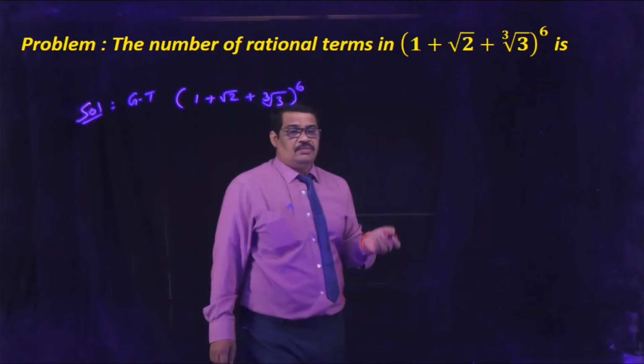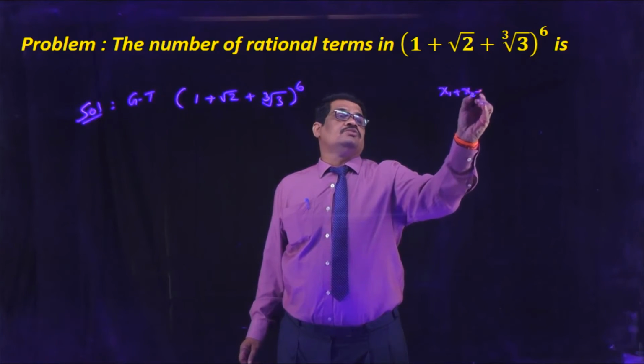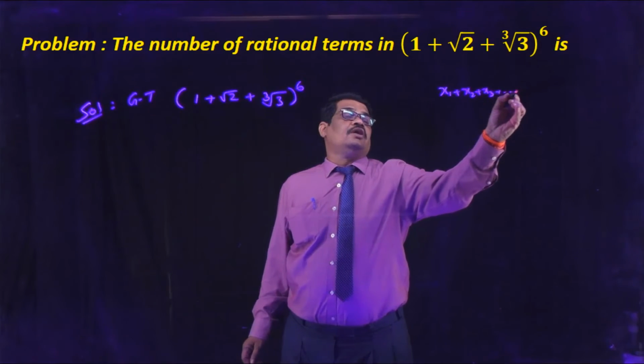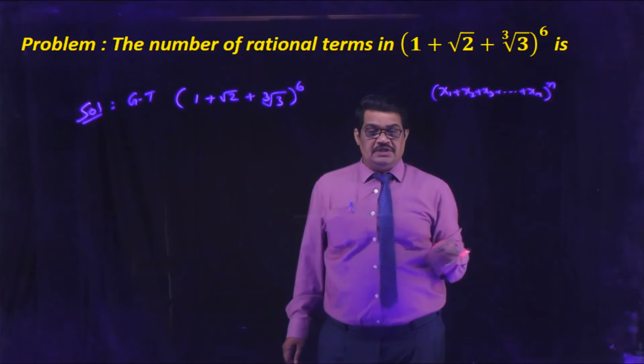Now see the formula. We say x1 plus x2 plus x3 and so on up to xr. If there are r terms, then what is the general term?